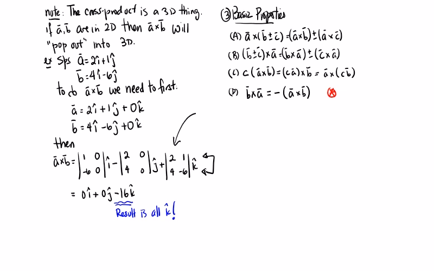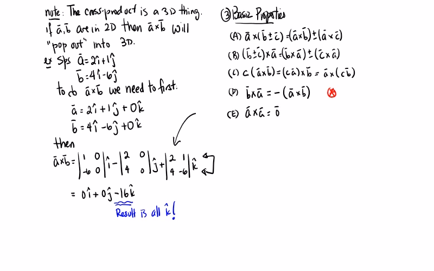In mathematics, if you like fancy math words, this is called being asymmetric. Or rather, sorry, I have that word totally wrong. In mathematics, this is called being anti-commutative. Let me get my phrasing right. So the last basic property to give is that if you cross something with itself, you get the zero vector.